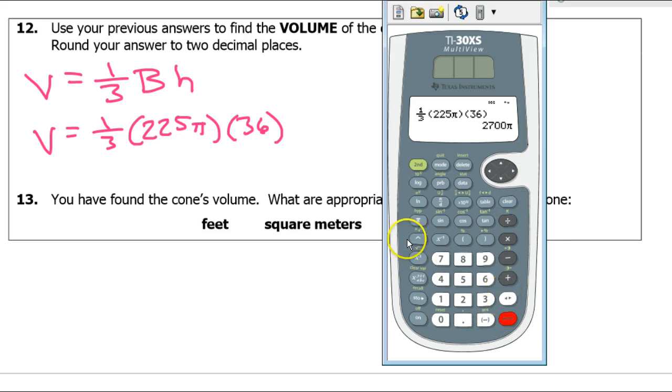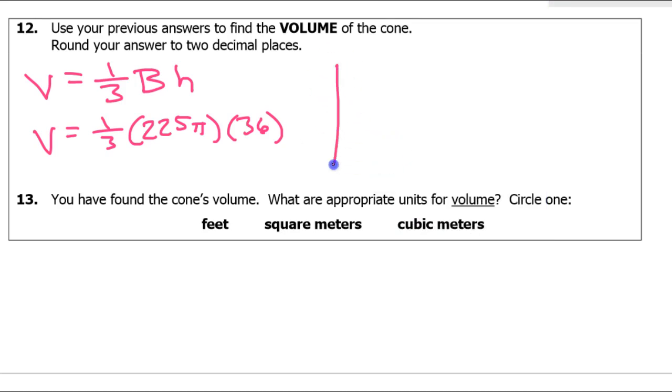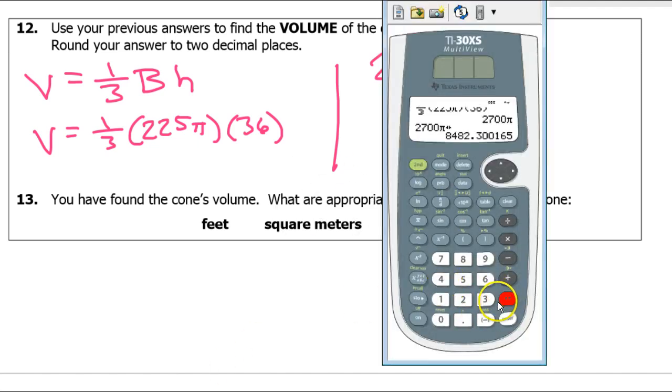Oh, there. I didn't know we would get an exact answer. 2,700 pi. Let's go ahead and get the decimal approximation: 8,482.3.